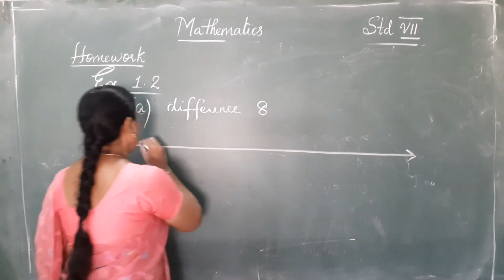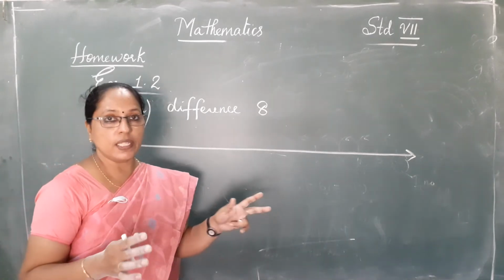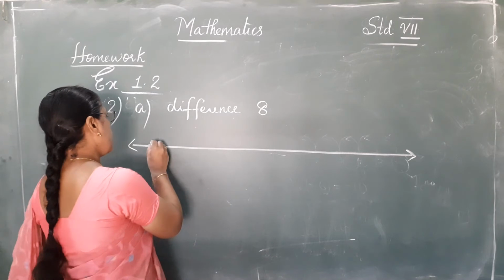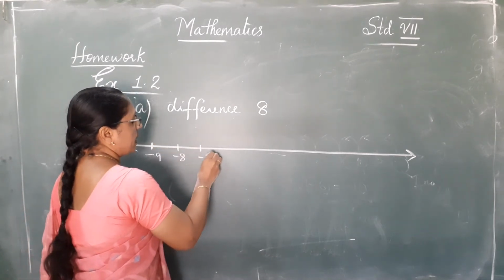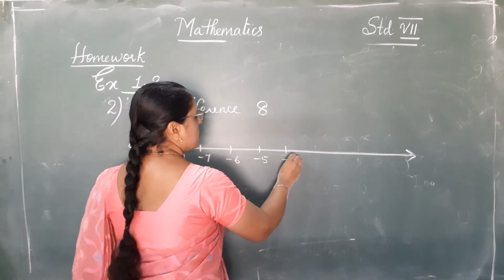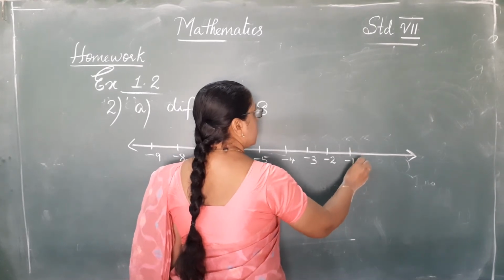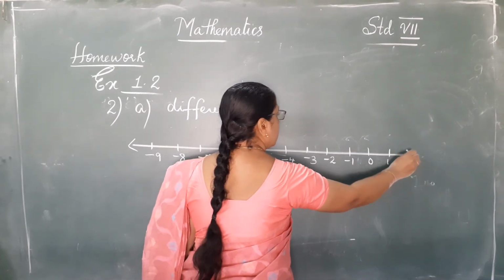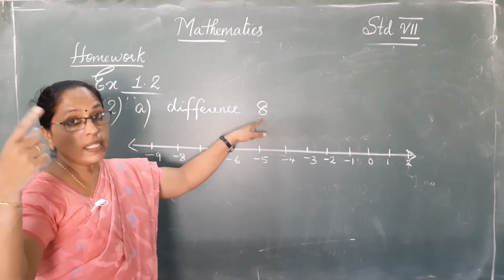It's given that both the first integer and the second integer should be negative. So I am taking negative integers. Negative 9, negative 8, negative 7, negative 6, negative 5, negative 4, negative 3, negative 2, negative 1, 0, 1, 2. This is used as the counting steps.